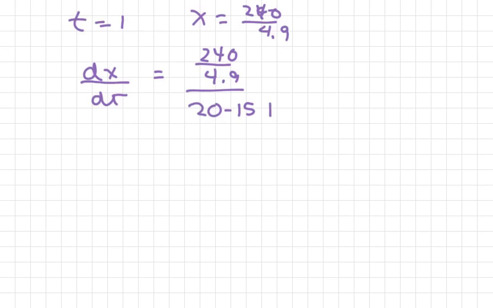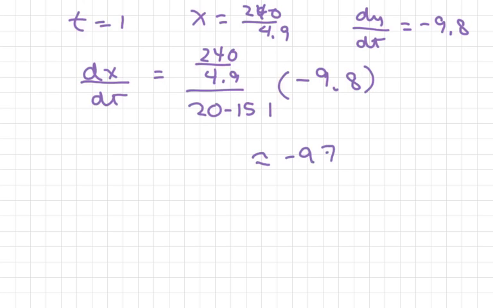We found that, and then we're going to multiply that by negative 9.8, which is your derivative of y with respect to t. And then when you plug that in, you get approximately negative 97.96 meters per second.